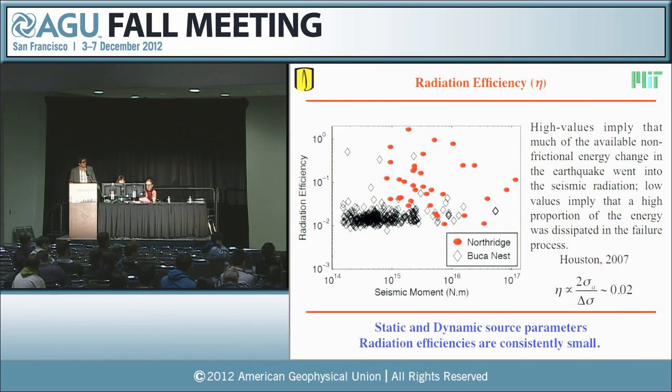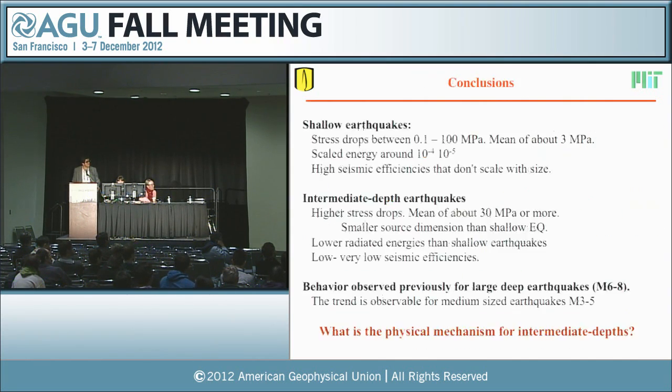So this is telling us something about the dynamics of the rupture, how energy is distributed during rupture, and how intermediate depth events are, in fact, somehow different to the shallower events.